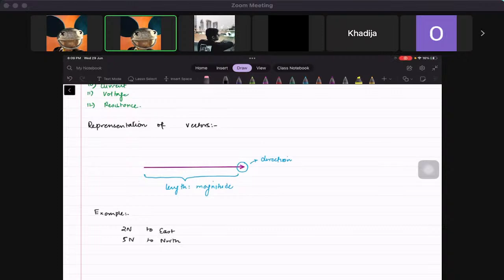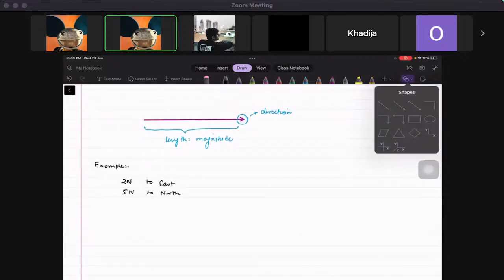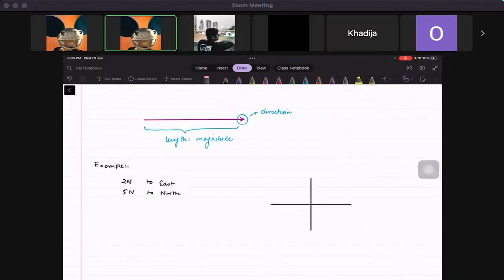So what you're going to do is, you should always remember this, okay, that this is north, this is south, this is east, and this is west, right? So 5 newtons will be a longer vector and it is north, and 2 newton is a shorter vector which is towards east. So we can draw this. Is it clear?